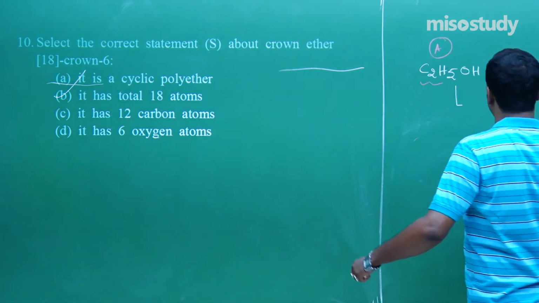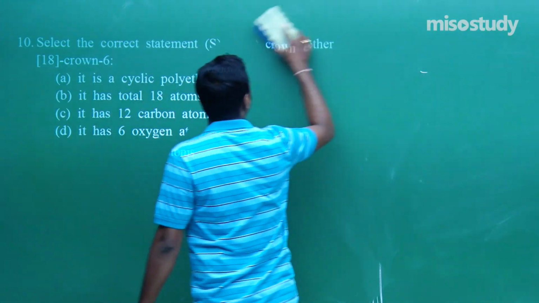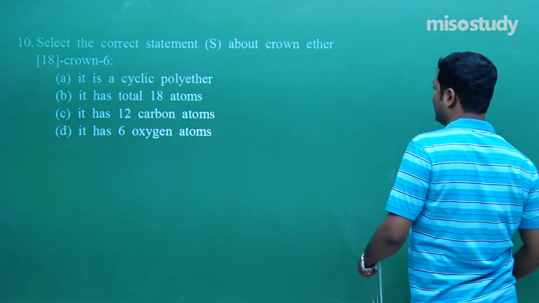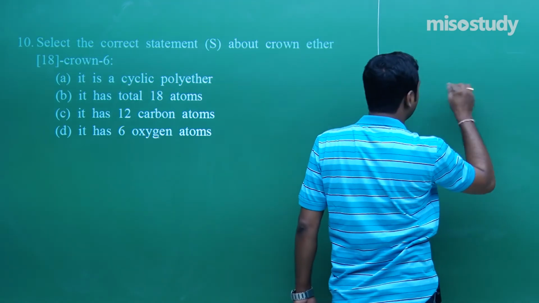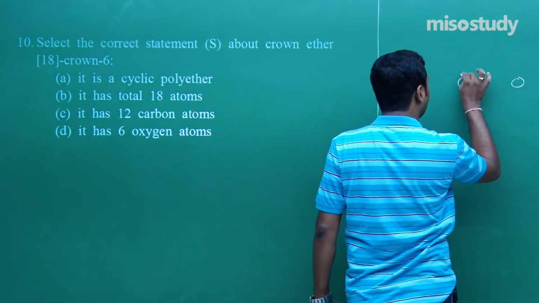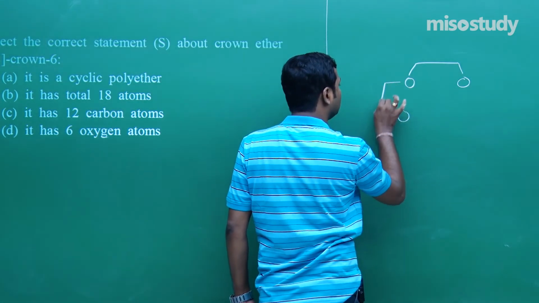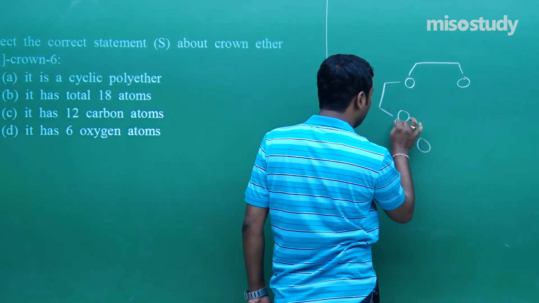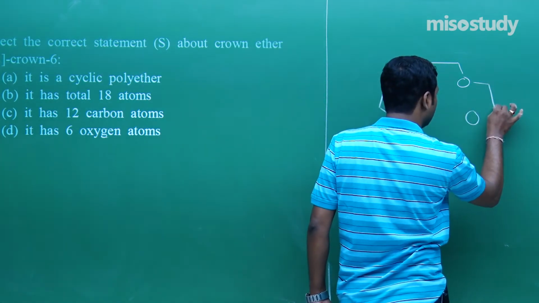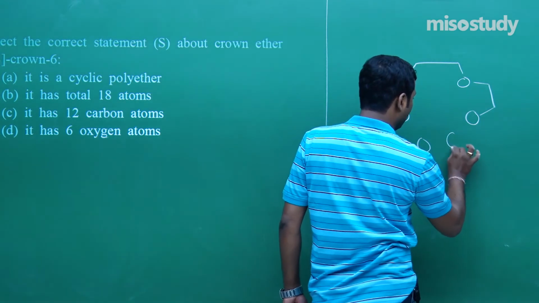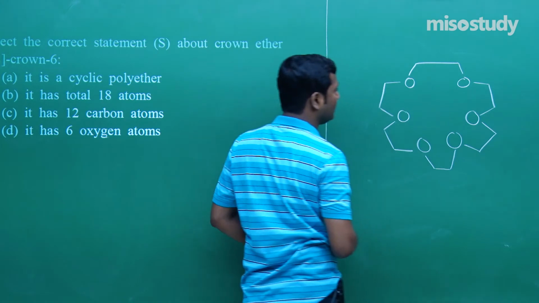Now the next question is a multiple choice type question. Select the correct statement about crown ether. What are crown ethers? As I know, if I put an O here, then an O like this, put an O here also, then like this, put an O here also, and put an O here also.